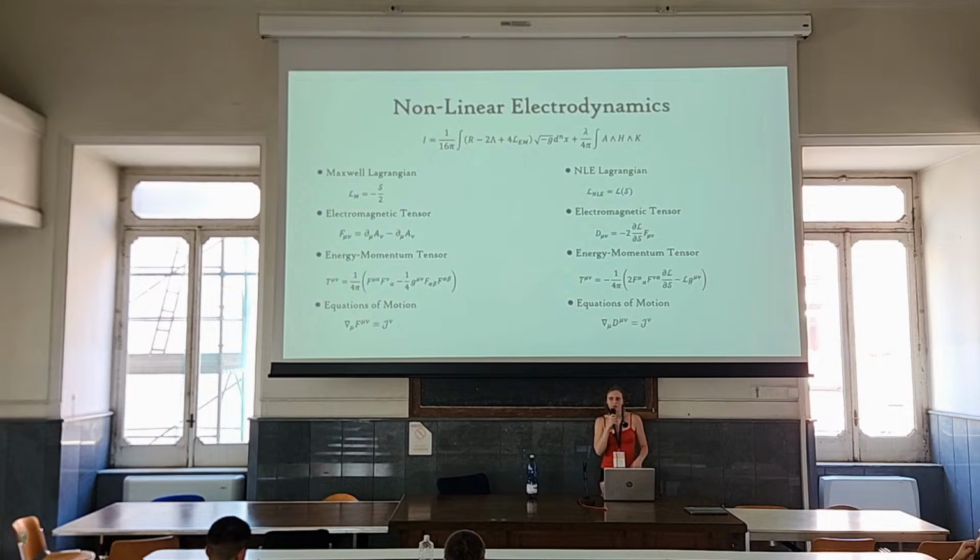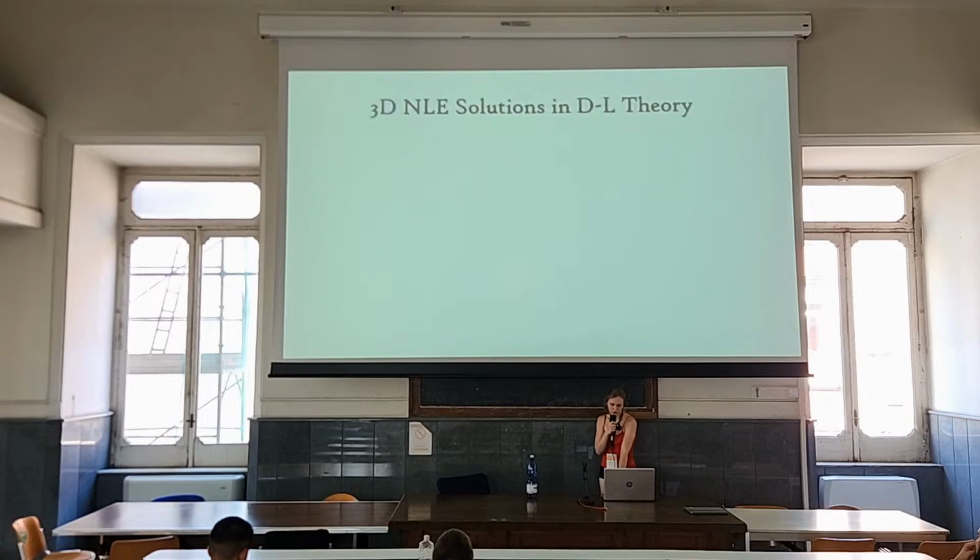So let's try to take this nonlinear electrodynamic setup. Let's have those B and C, or H and K, the same as before. And let's try to find the solutions to the theory for general nonlinear electrodynamics. So if you do that, you'll find out that your solutions will have this form.